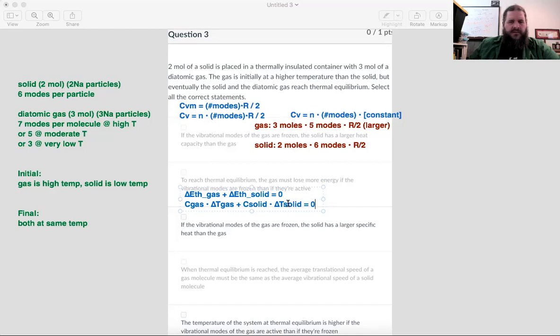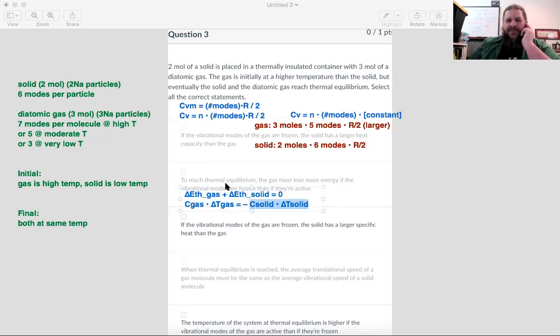I guess this whole thing is delta energy for the gas. We could isolate that just by subtracting the delta E thermal for the solid to the other side. But it looks like that just tells us that the change in energy for the gas is the opposite of the change in energy for the solid.